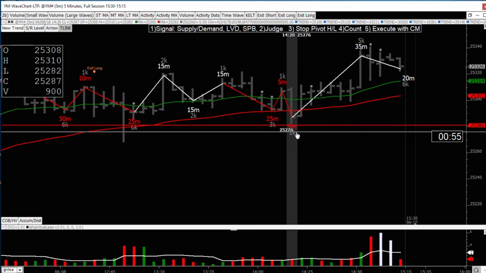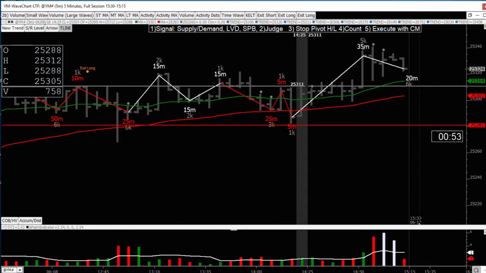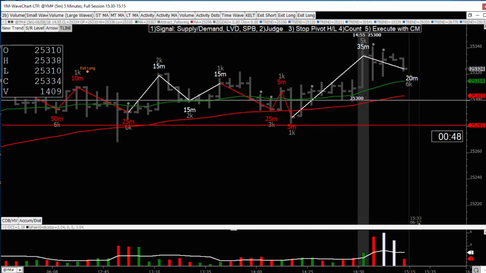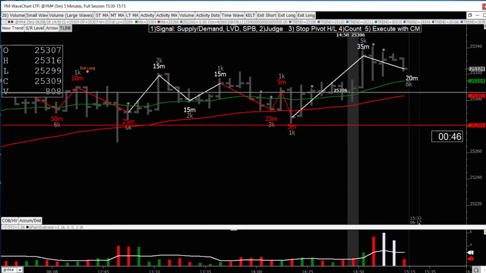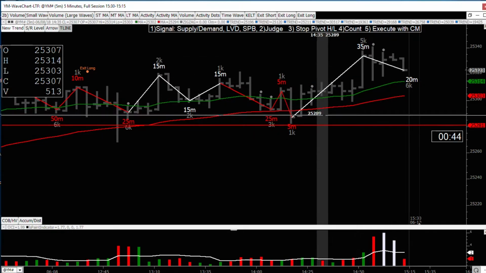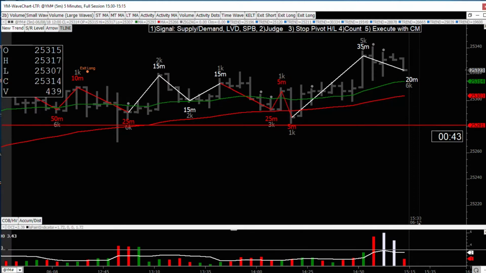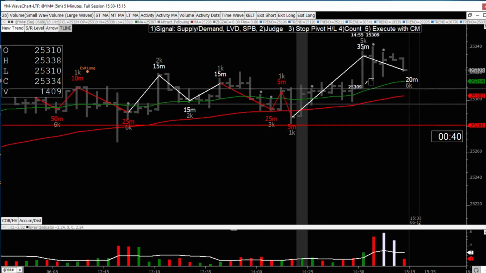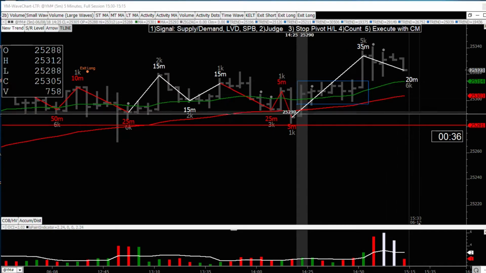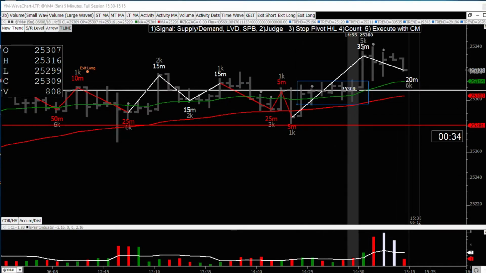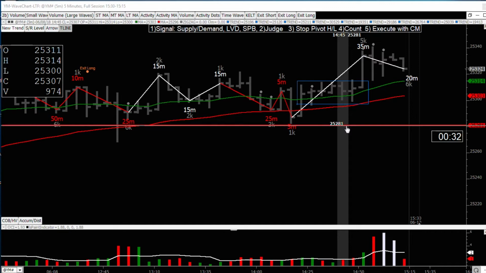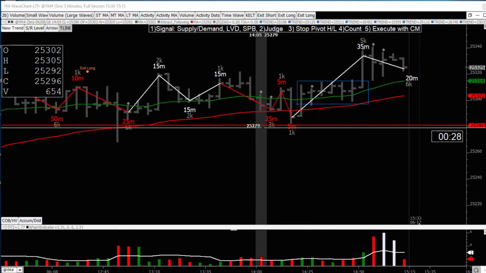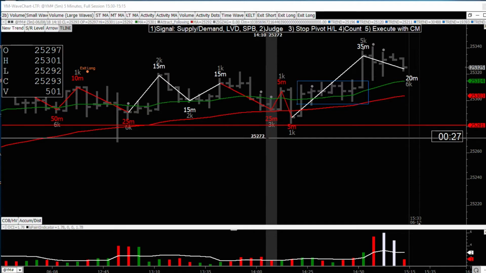Also, this type of behavior where it reverses and then starts moving sideways, this is some type of hinge, and these types of hinges typically precede a move. Okay, so that tightening right here, when it starts going sideways like that, this type of action you'll see many times typically precede a large move.